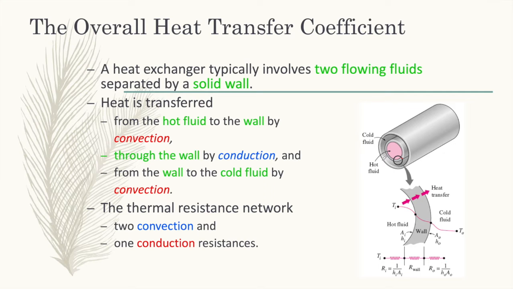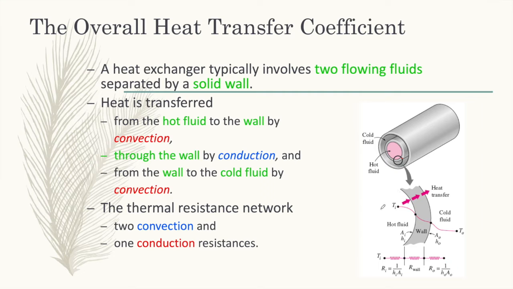This figure shows that the hot fluid is inside the tube and the cold fluid is on the shell side. The annular space of the double pipe heat exchanger is also called the shell side, or more specifically the annular space.